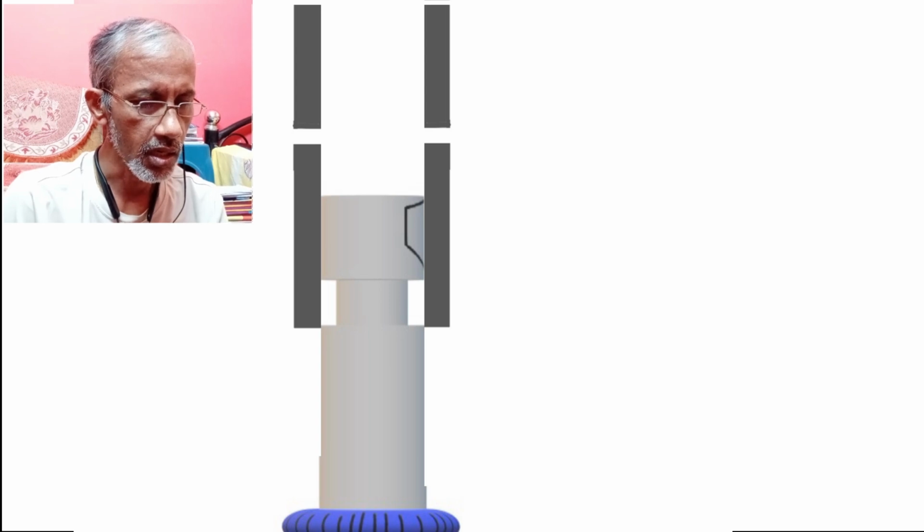And the lesser the distance, the lower the position of the barrel, the earlier the fuel delivery. So we can see clearly that the position of the barrel, either towards the upper side or towards the lower side, controls the commencement of fuel being delivered.